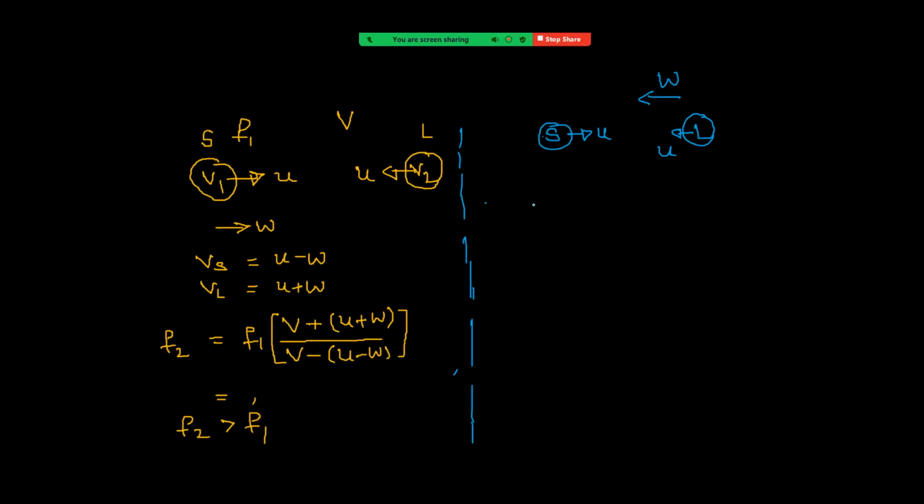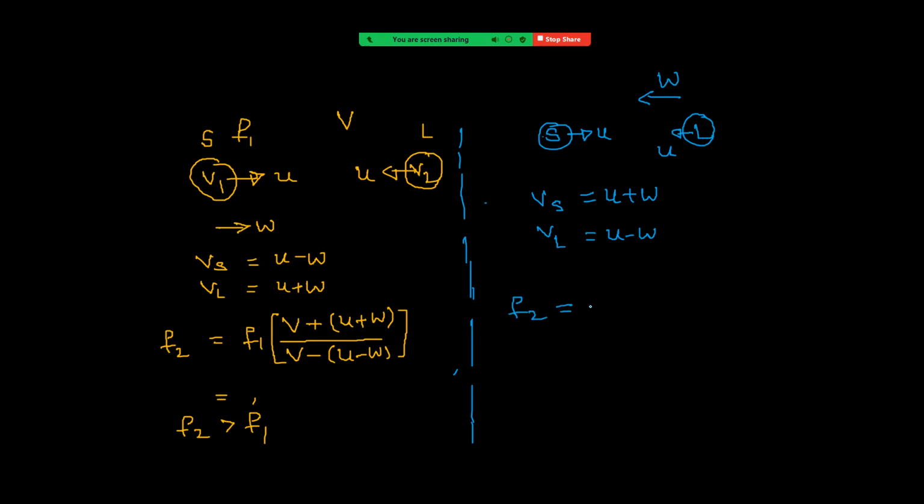First, I'm writing their velocities with respect to the medium. Vs, the velocity of source with respect to medium, becomes u plus w. Next, the velocity of listener will be u minus w. So these are the velocities with respect to the medium.